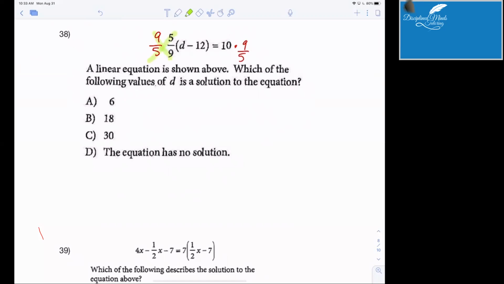Now these cancel, so you're left with d minus 12 equals. Now, what is 10 times 9/5? 18. So now I do what to both sides? Add 12. So 18 plus 12 is 30. Correct answer, C.